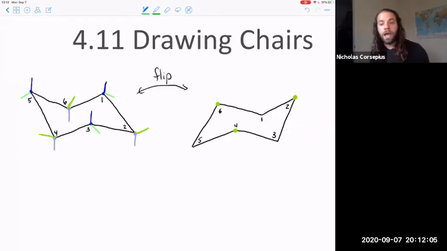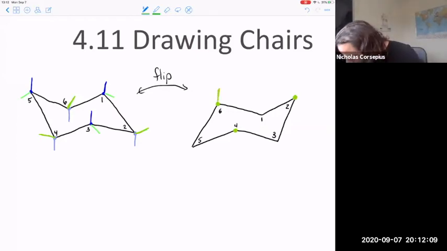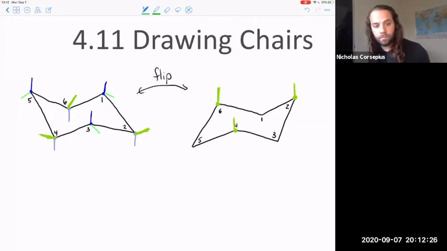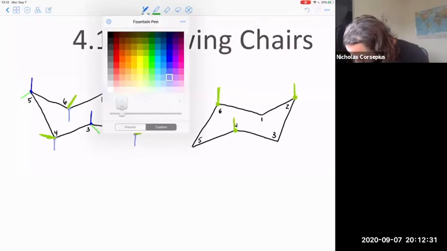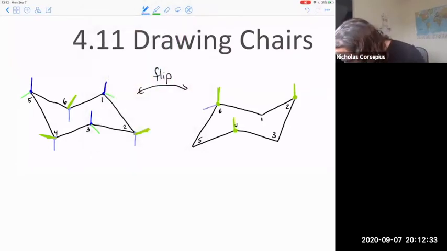So it's the equatorial bond from the 1 that's now going to become this axial up here, right? So this bond here is now my new axial up. Same with 2. This one here is now going to be axial up. And 4, what was my equatorial, is now axial up. And what used to be in the axial down position is now going to be in that equatorial position.